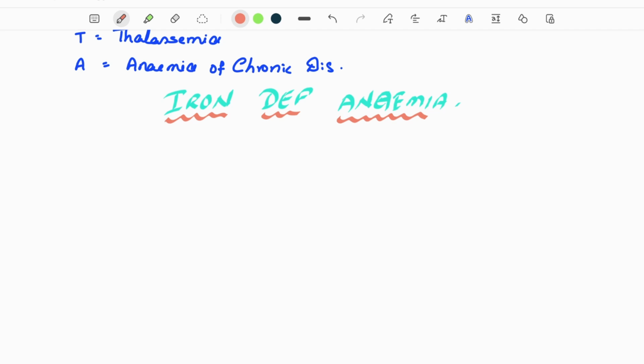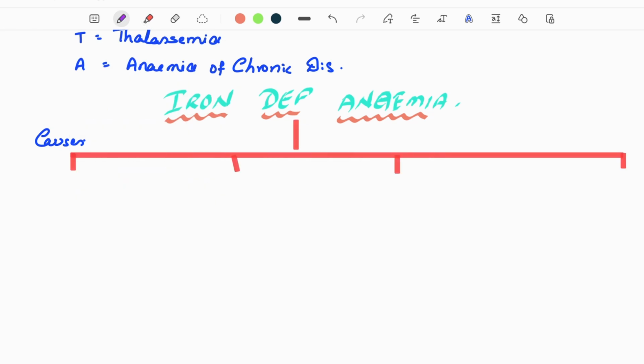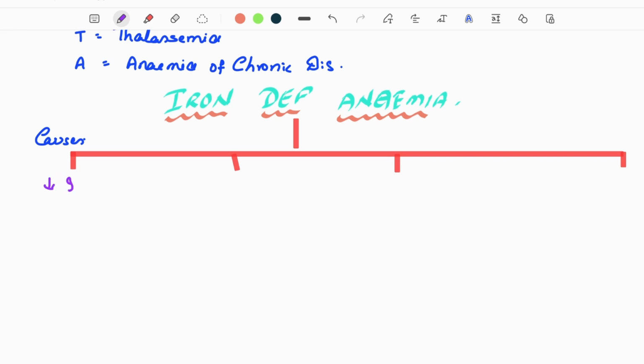Iron deficiency anemia. First, let's discuss what are the reasons, like causes. First, let's discuss what are the possible ways of getting iron deficiency anemia. So there are four chances in which a patient can get iron deficiency anemia. First one is decreased intake.